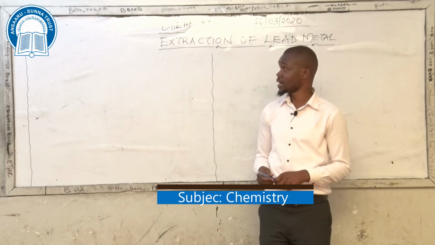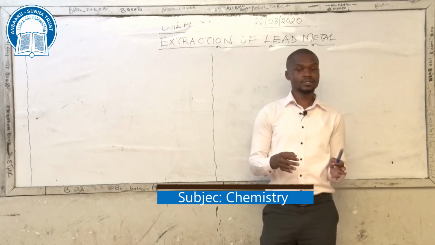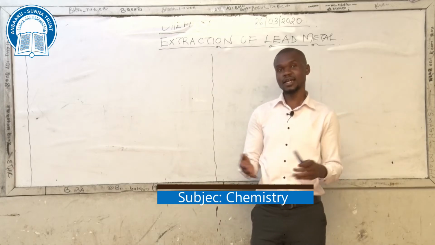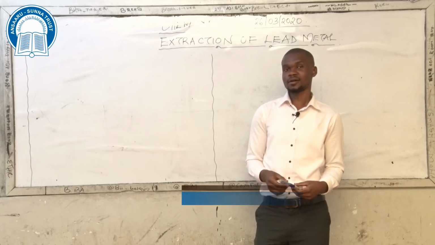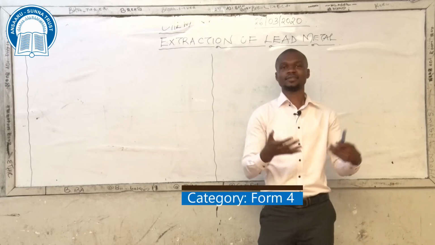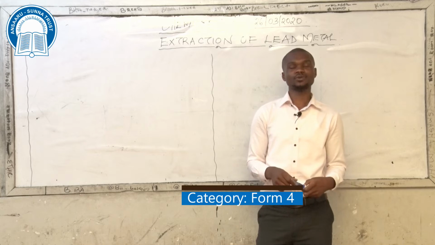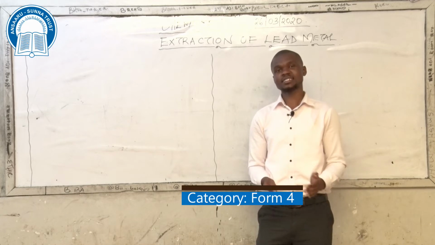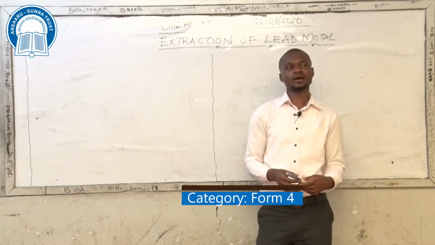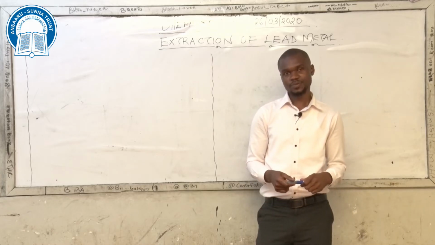To start with, before the lead metal is extracted, we first mine the ores from the ground, that is the earth crust, as we have discussed earlier about extraction of metals.